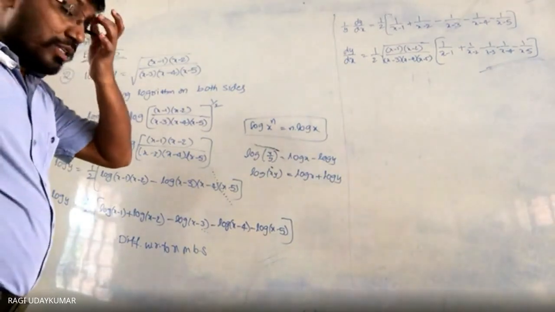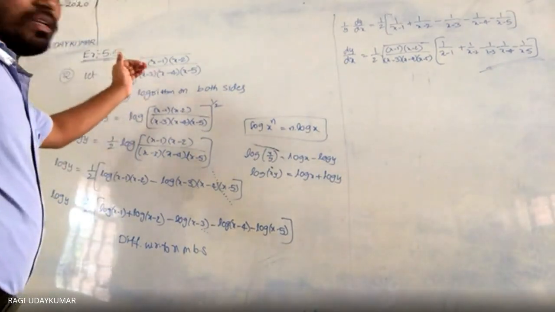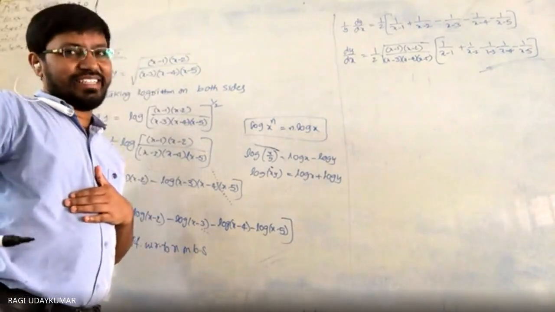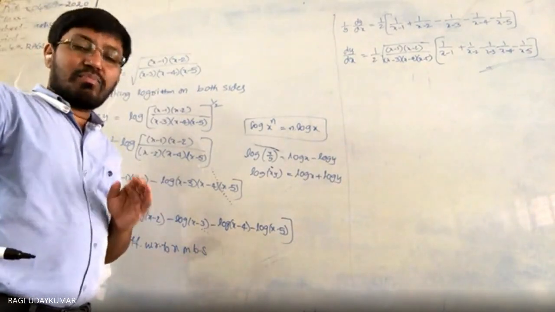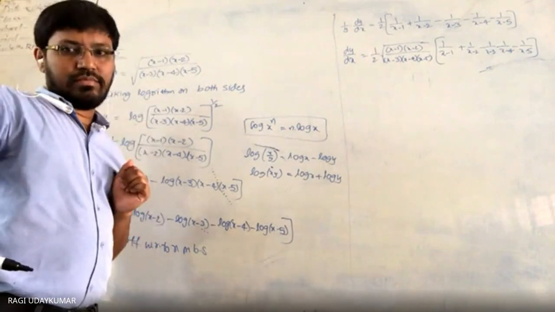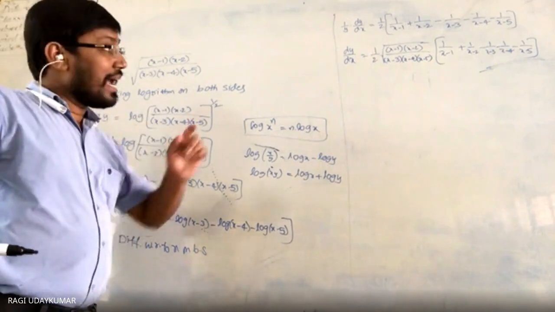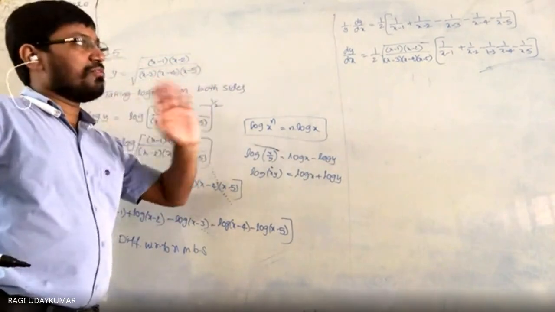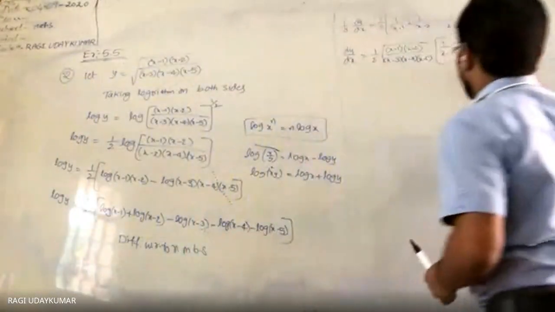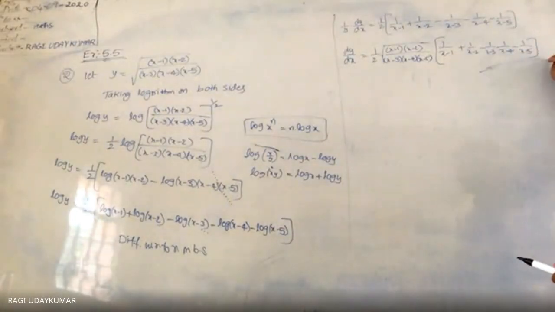So here, what experiment did I say? This one only: without using the logarithms, you try to simplify. It takes more time, but you are going to learn a lot if you do that. You have to simplify it. In the denominator you are going to get x minus 1 into x minus 2 into x minus 3 into x minus 4 into x minus 5.